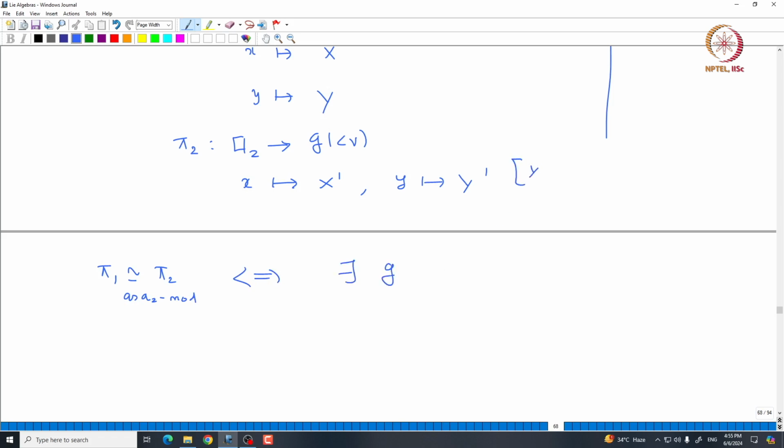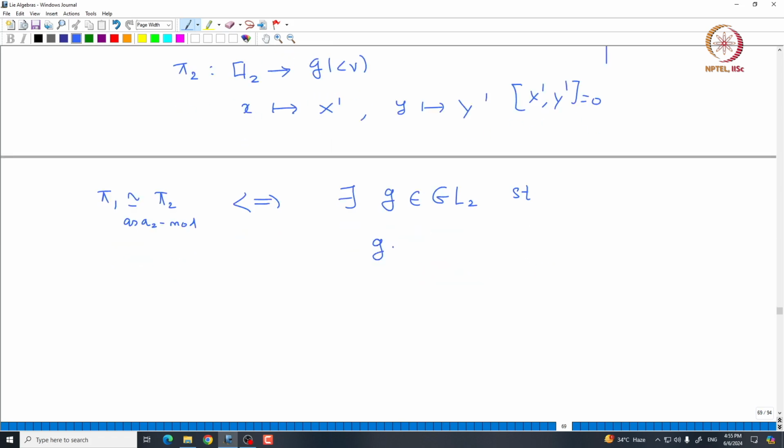Note that this x dash and y dash also must commute because they are images of x and y. So, there exists G in GL2 such that G x G inverse must be x dash and G y G inverse must be y dash. That is the meaning of these two representations being equivalent.